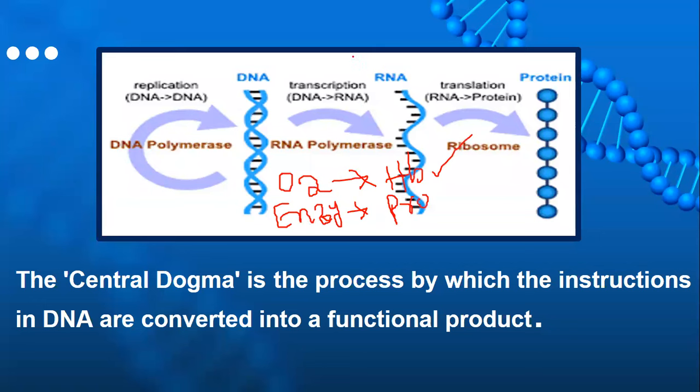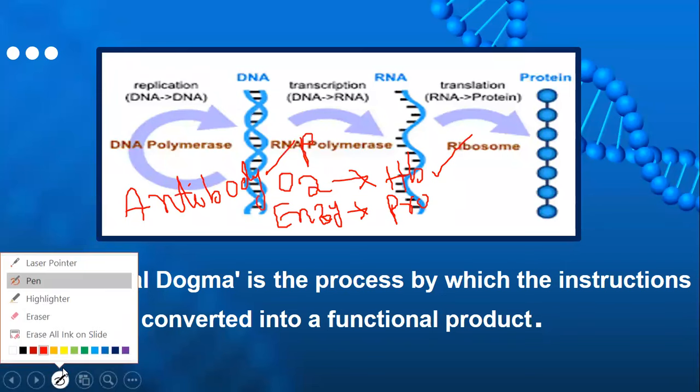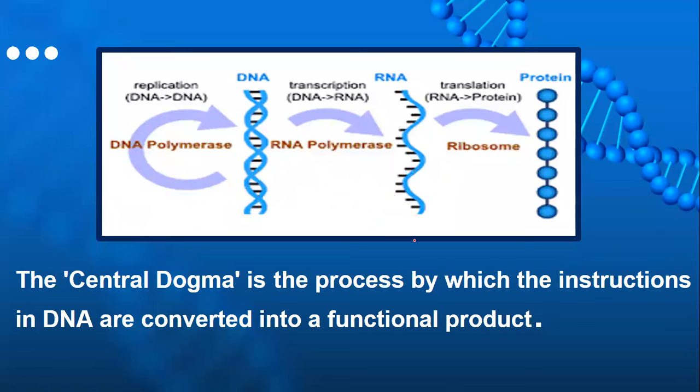Proteins in nature. Suppose an antigen enters our body. What does our body start synthesizing? Antibody. What is an antibody? Protein. So what I mean to say is, every function performed by the living cell is under the control of protein only.